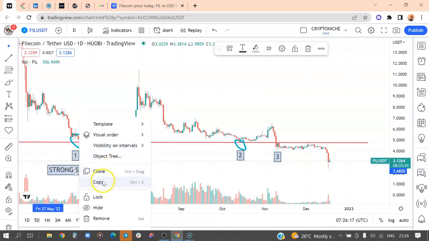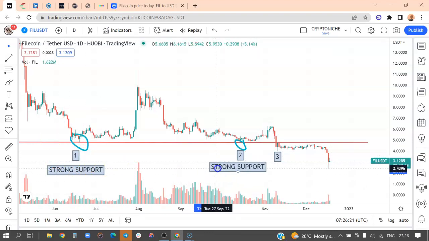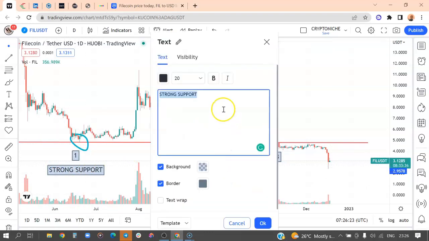Now I'll copy this and paste. Then it got here and it became weak support. By the time it was tested the second time, it became a weak support.